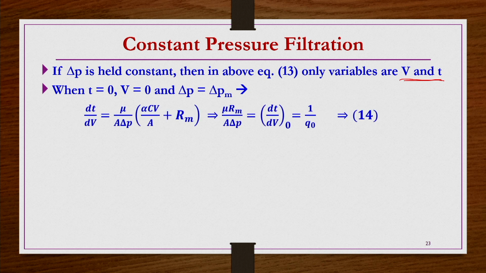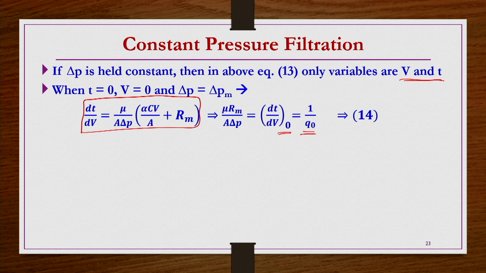Then take this dt by dv equation, which is equation number 13. At time t equal to 0, let dt by dv be 1 by q naught. Why are we doing this? Because we need information for rm and also alpha.